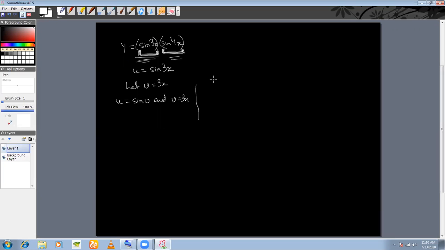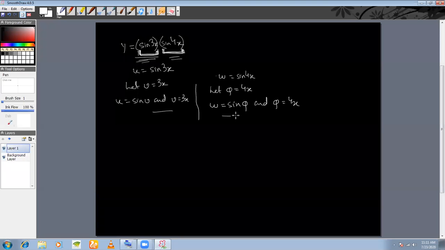Now I'll make the chain for this. So let's say w is equal to sine 4x. Let phi is equal to 4x. So therefore w is equal to sine phi, and phi is equal to 4x. See, two separate chains.